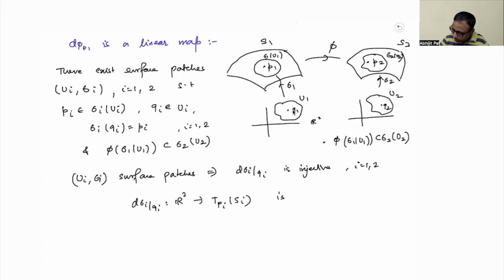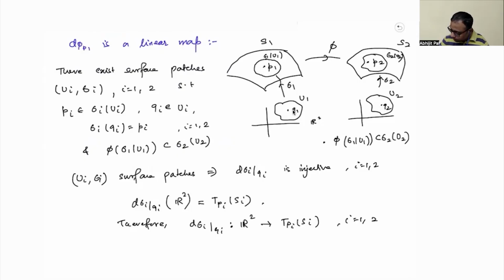So yeah, maybe I'll just write this. So T sigma_i q_i of R2 is equal to the tangent space. Okay, so therefore this map is a linear map from R2 to the tangent space.